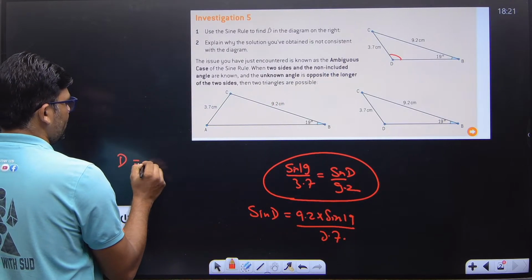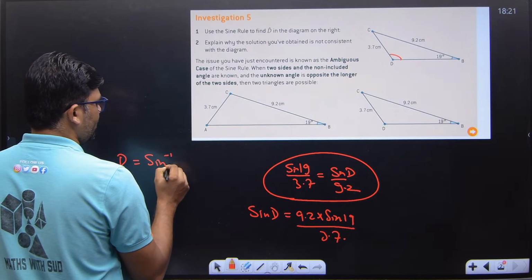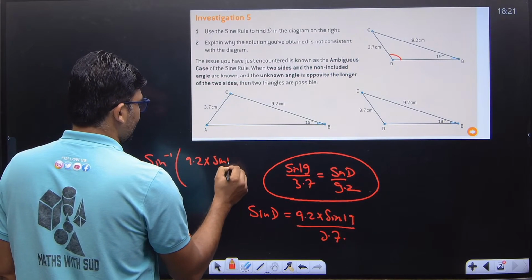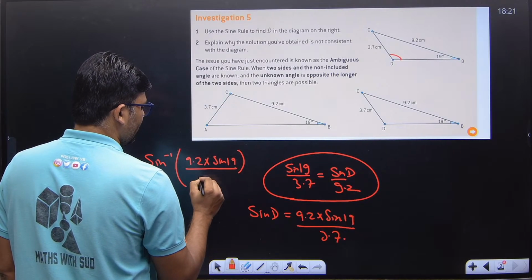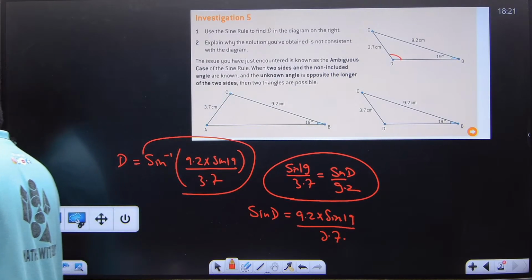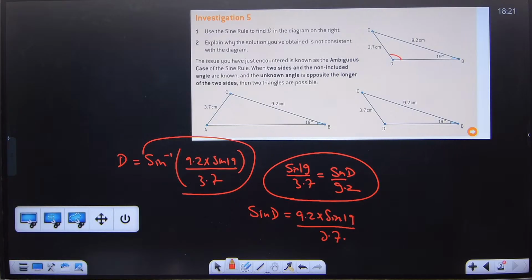So D will be sine inverse of 9.2 into sine 19 divided by 3.7. I want you to solve this. Just check whether you are able to use the calculator properly or not.